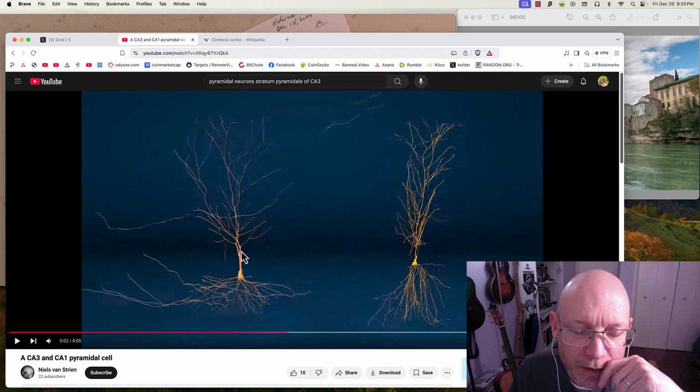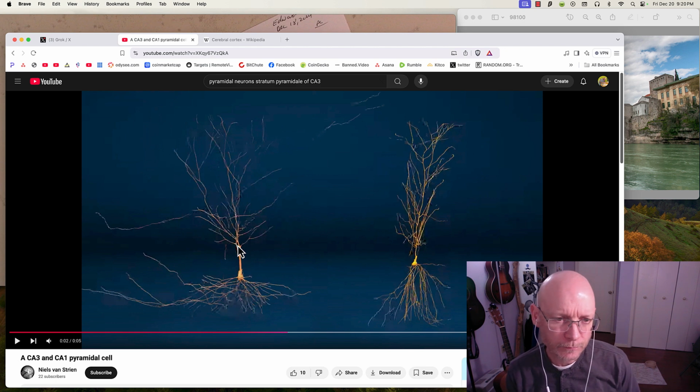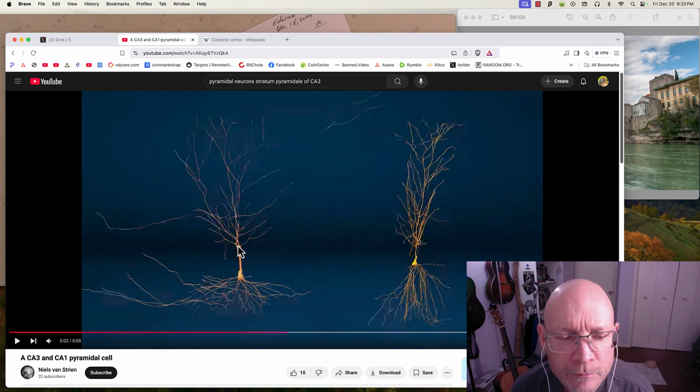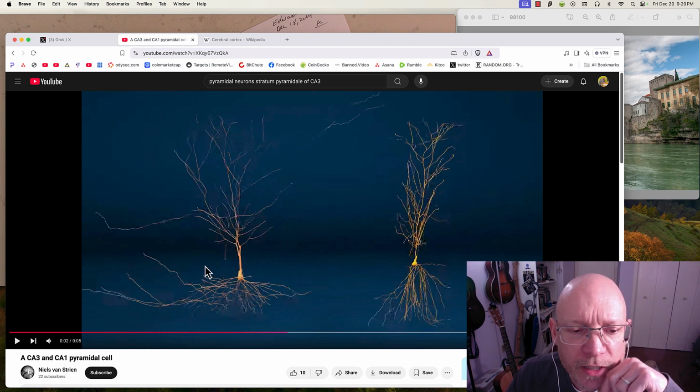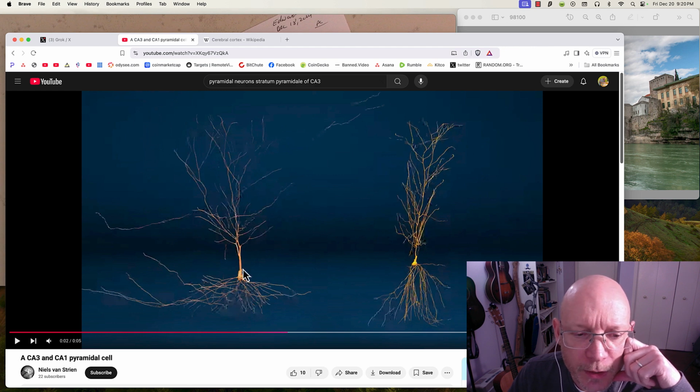But the speed in here is quite slow. Somewhere between 0.5 and 1 meter per second. It's pretty slow. But these are unique cells in the brain in the CA3 area.